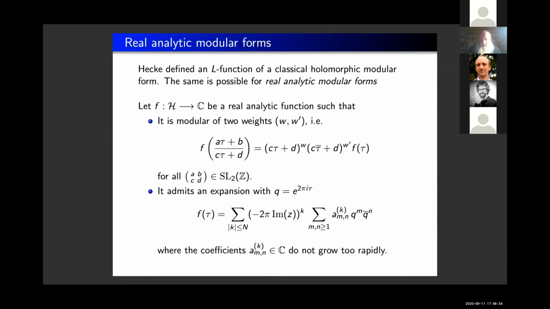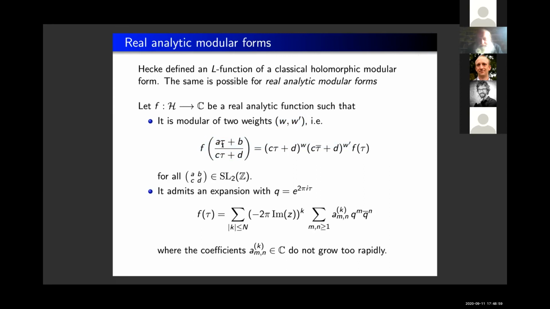We can take, in fact, any real analytic modular form and try this idea. For me, a real analytic modular form is a function from the upper half plane to complex numbers that is real analytic, and it has modularity but with two weights, W and W prime.